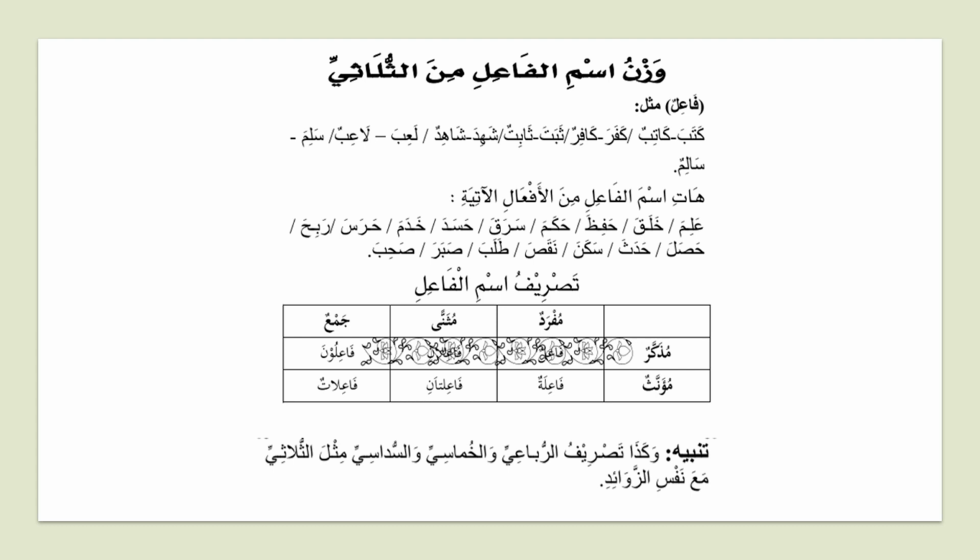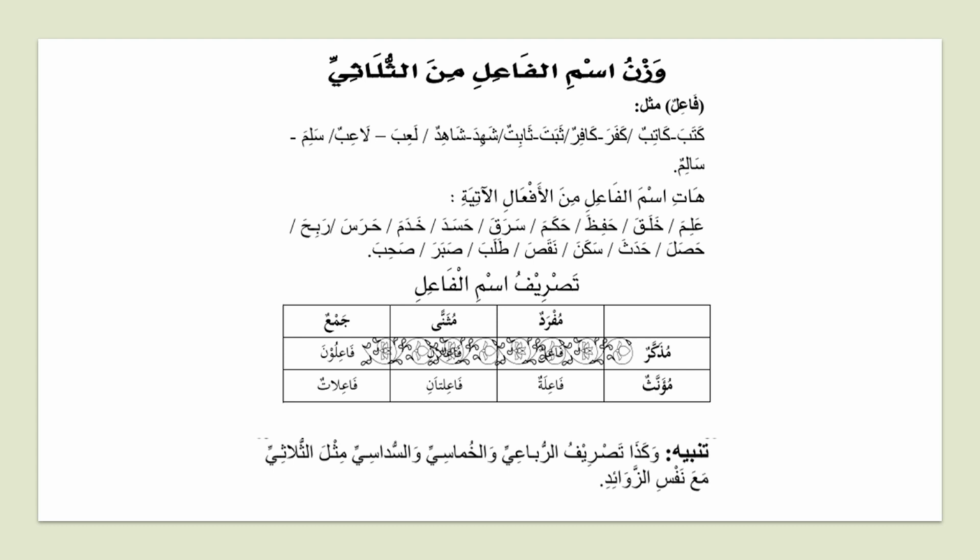So if I say alimun, I can say ana alimun, I'm an alim. Huwa alimun, he's an alim. Anta alimun, you are an alim. So I used a mufrad, singular, mudhakkar, masculine. And then below that, fa'ilatun, I can say alimatun, hiya alimatun, she's an alima.